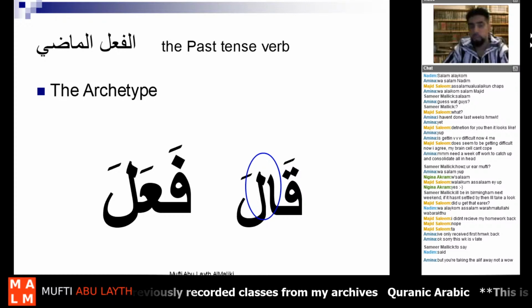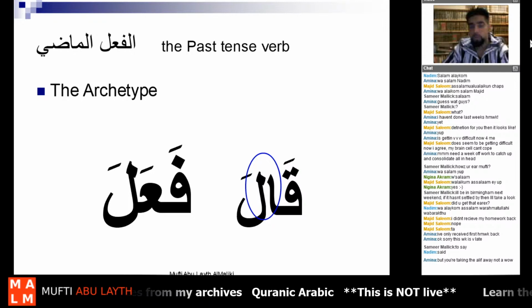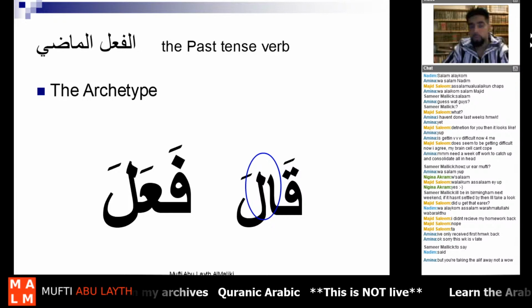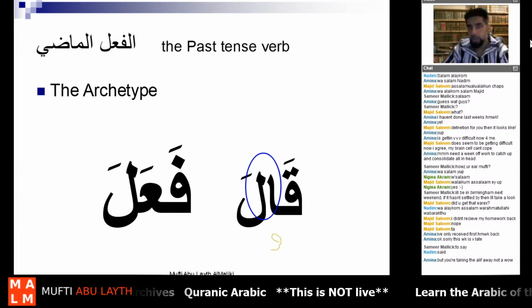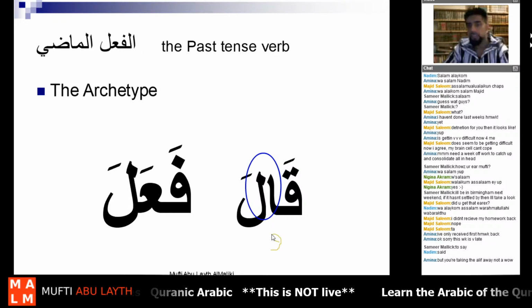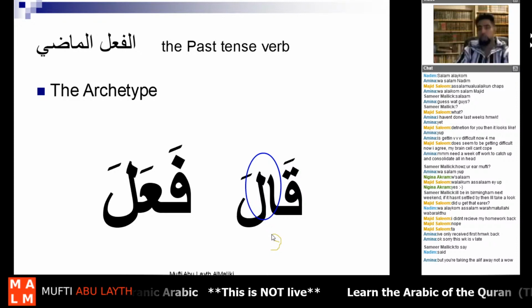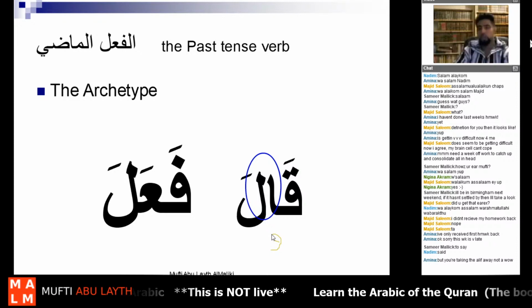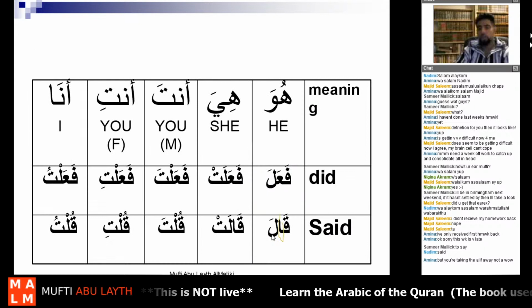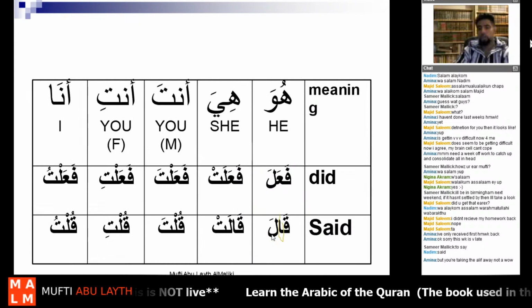In qala, it's a waw, so really this should be a waw here, like so. Originally you see it like that, but it's represented with a hollowness, and the hollowness will always look like an alif, but in essence it's one of these three letters, alif, waw, or ya. And so when we conjugate it here, it becomes qulta, qulti, qultu.